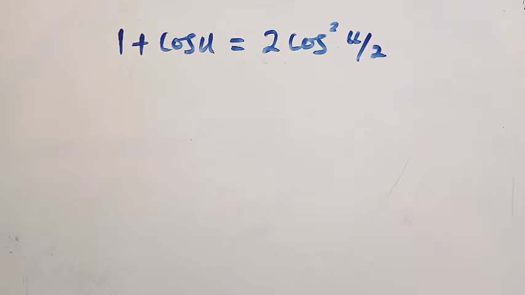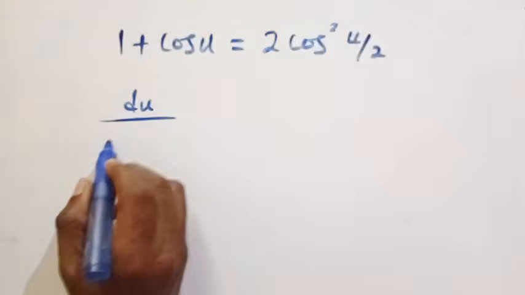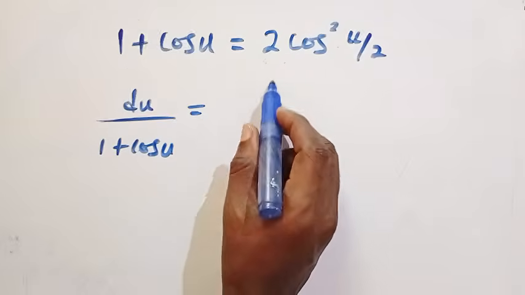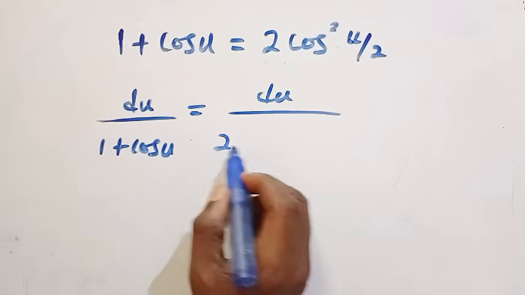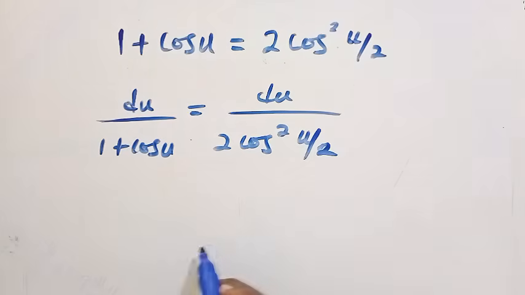So if I take it back to du divided by 1 plus cos u, the new value here is du over 2 cos squared of u over 2.